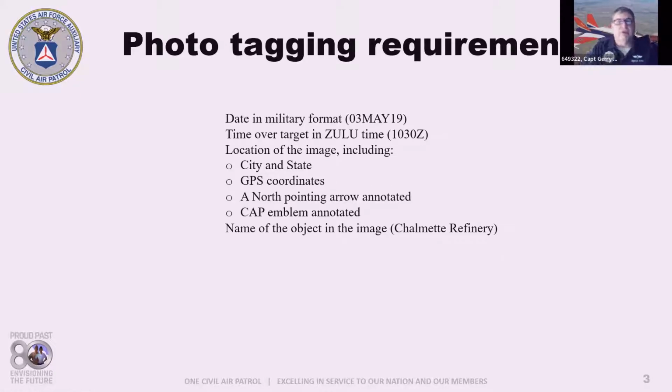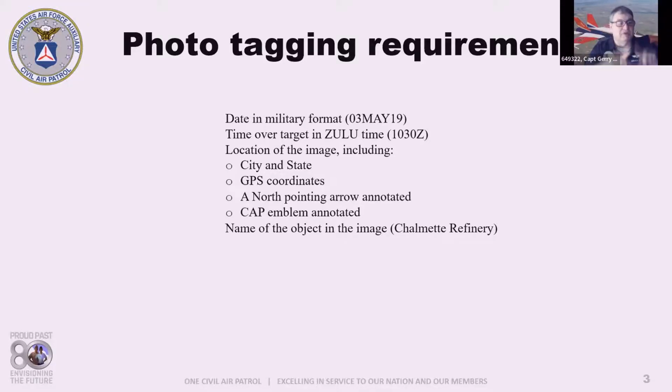U.S. Air Force North, or AF North, currently requires the following information be added to an image that is delivered to a customer, unless they specify otherwise. The date in military format, the time over the target in Zulu time, the location of the image, including the city and state, the GPS coordinates, a north pointing arrow, and a CAP emblem.